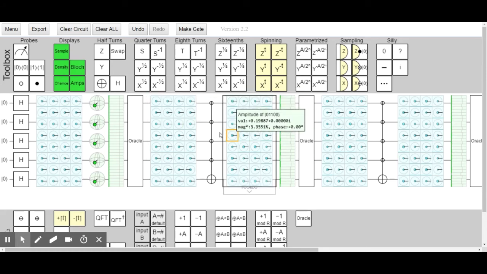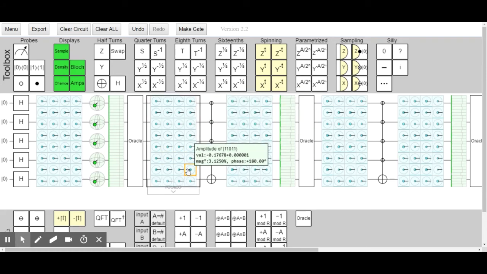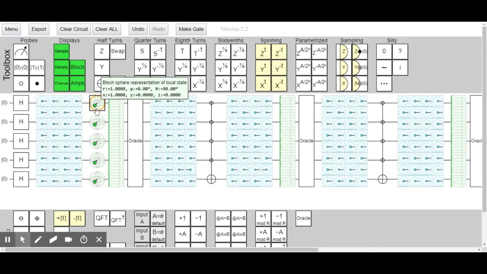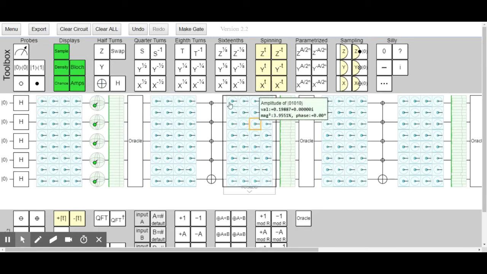If they're all zeros, that's interesting. There's no effect, right? Because there's no negative phase. It's all positive phases.